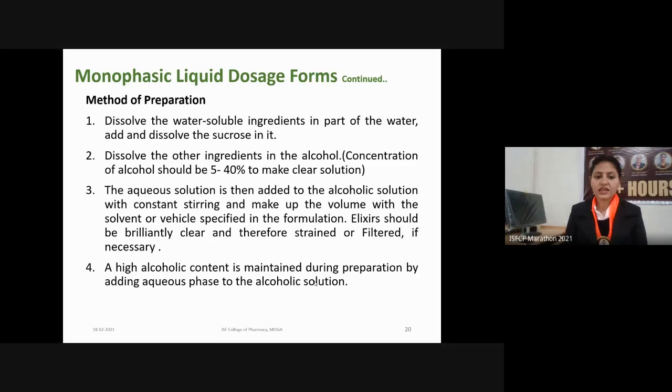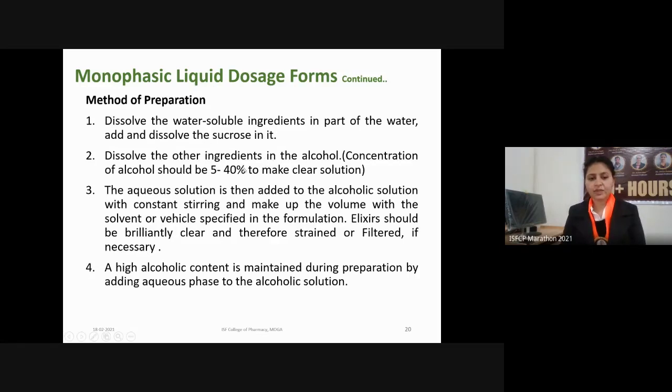In the third step, the aqueous solution is taken and added into the alcoholic solution. It means the aqueous solution that we prepared in the first step will be added into the alcoholic solution that we prepared in the second step.